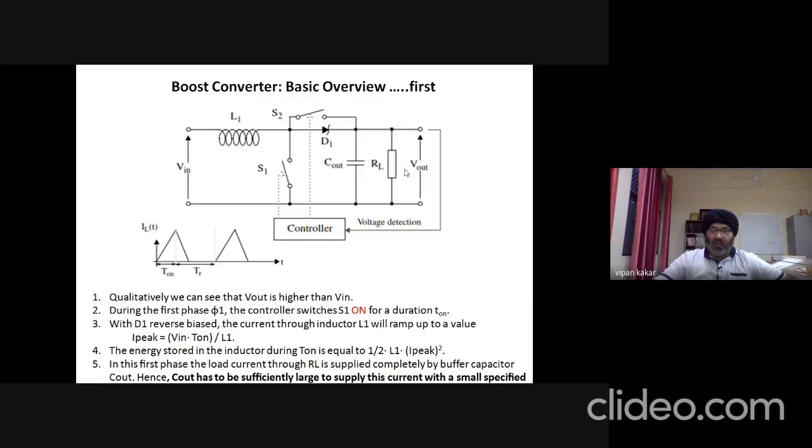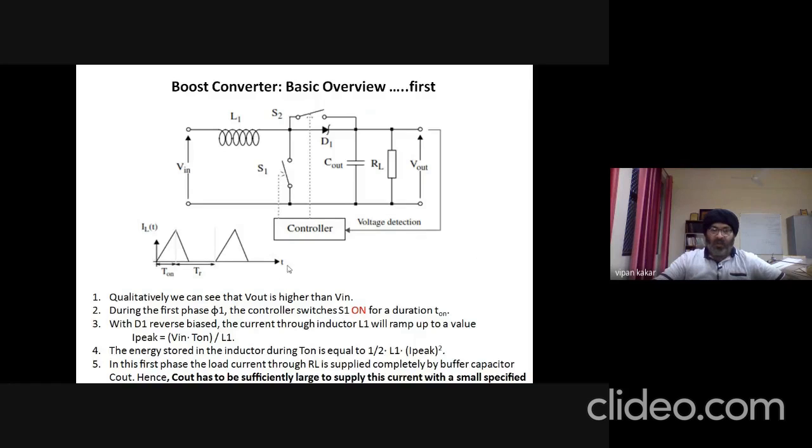And this controller we know already from our last chapter of buck converter: the output is sensed and fed back to the controller, and based on the algorithm running inside the controller, the pulses for switch 1 and switch 2 are decided. The pulse frequency or the pulse width is decided based on the algorithm inside it.